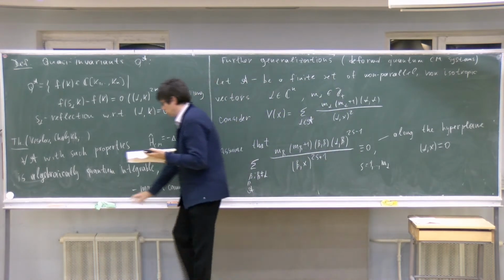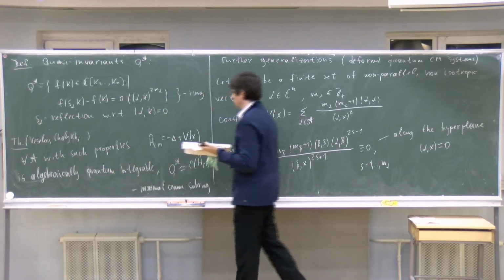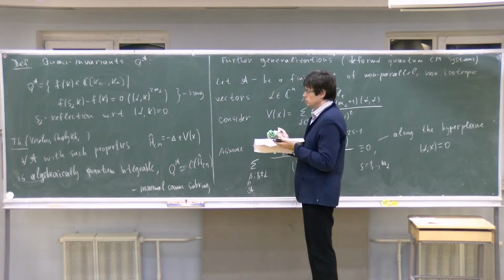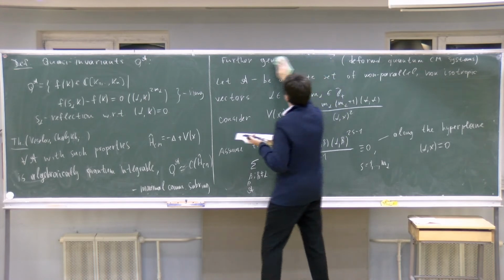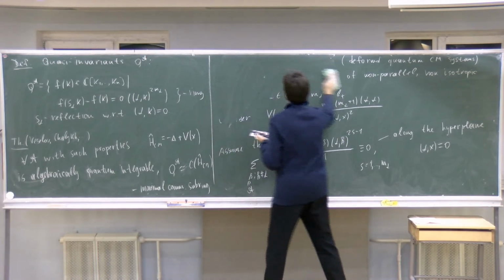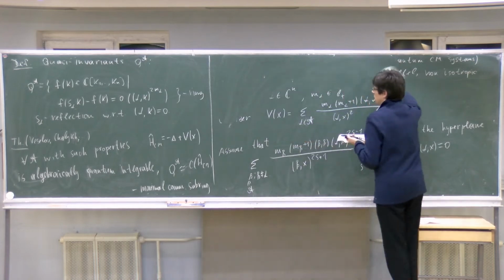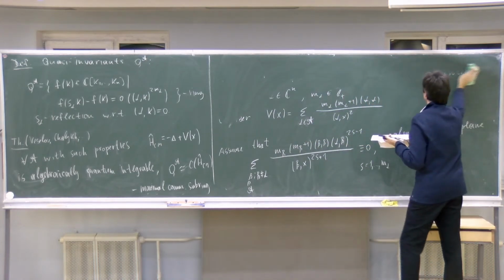And what does it mean? Being equal to 0 modulo this ideal just means that they are divisible by this power.